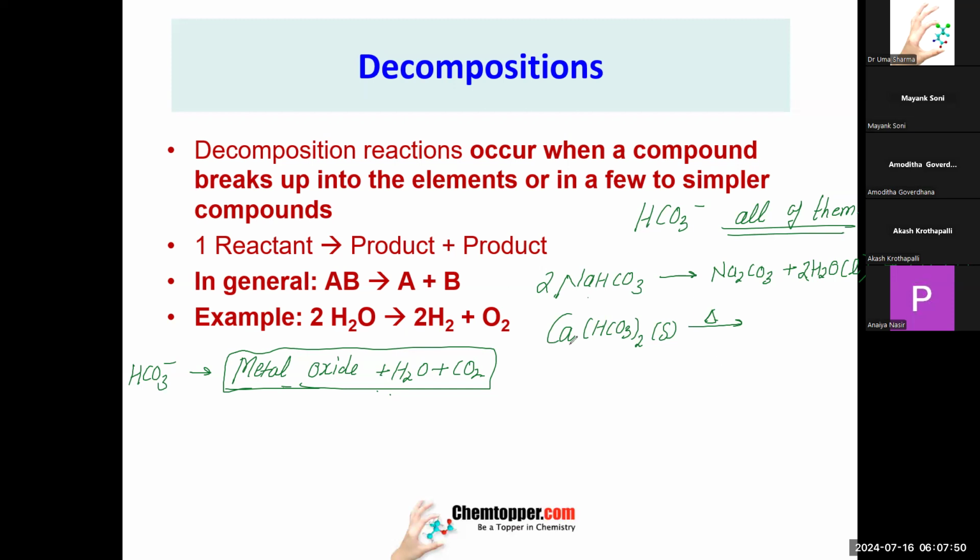Yes. Check the charge on calcium, make its oxide, and balance the equation. Waiting for the answer, children.